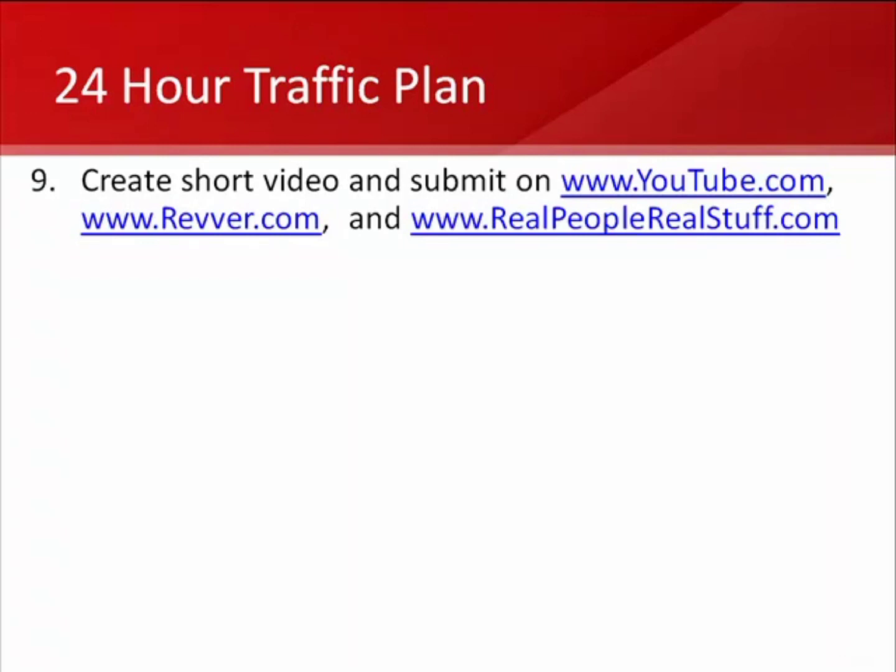X is in xylophone, C is in cat, H is in hungry, U is in ugly. So sxc.hu is a site that has a bunch of pictures in different niches. You can grab these pictures by just using their search features, and they are royalty-free images. They offer royalty-free images and also quite a few free images that you can use for commercial purposes. So it doesn't cost you a dime.